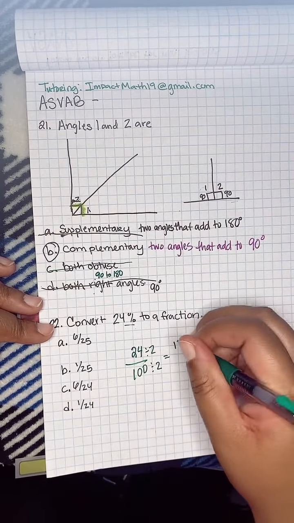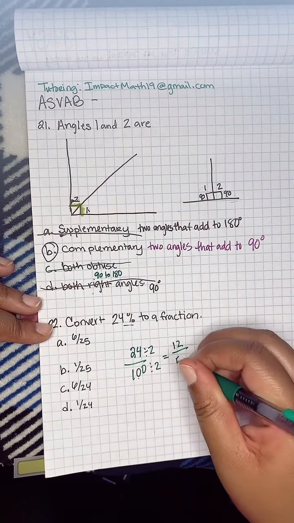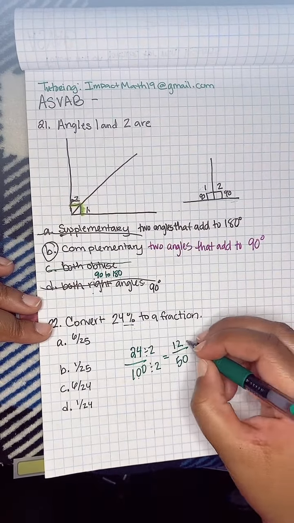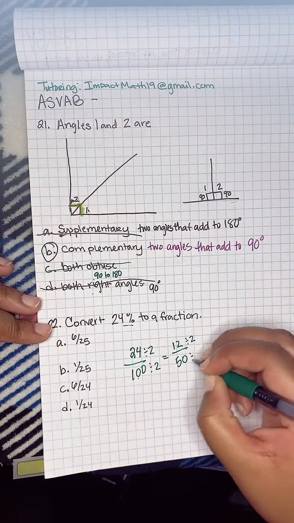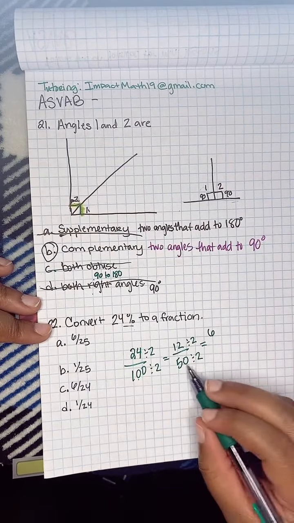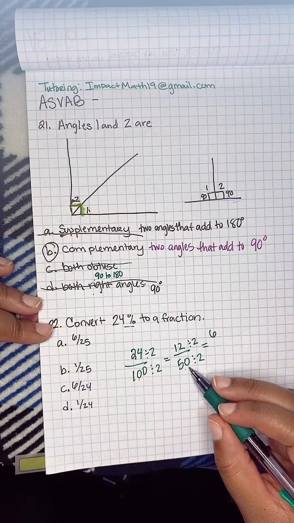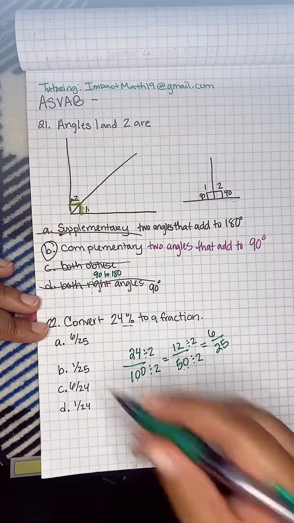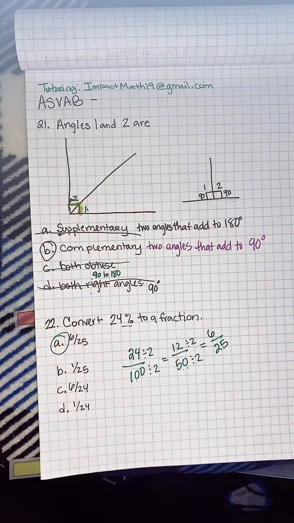So half of 24 is 12. Half of 100 is 50. I still see even on even, so I'm going to keep on going. I'm going to divide it by 2, divided by 2. So half of 12 gives me 6. Half of 50 is 25. So A is my answer.